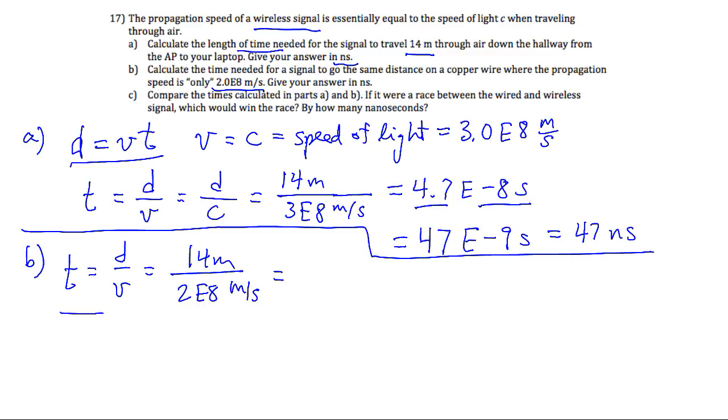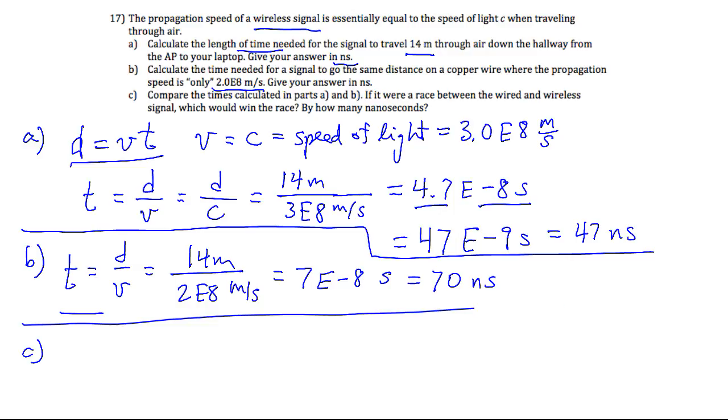I get 7 times 10 to the minus 8th. Oh, 14 divided by 2 is 7, and 10 to the 8th in the denominator becomes 10 to the minus 8th in the numerator. I didn't need a calculator for that one at all. And this is 70 nanoseconds then, by the same logic I used before. And so it takes longer because it was going slower.